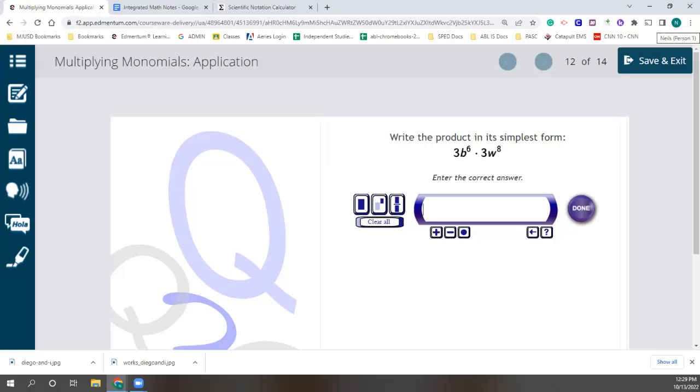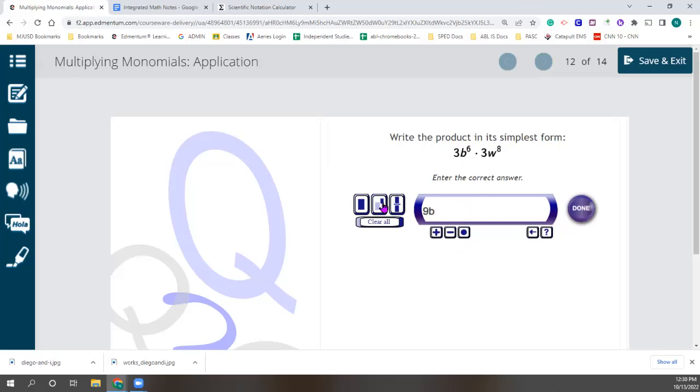So 3 times 3 equals 9. b^6 w^8, because there's not the same coefficient on each side other than the 3's. I believe that's about as simple as it can get. Factored form.